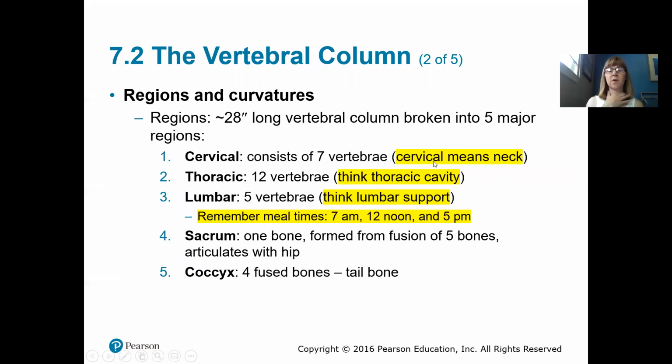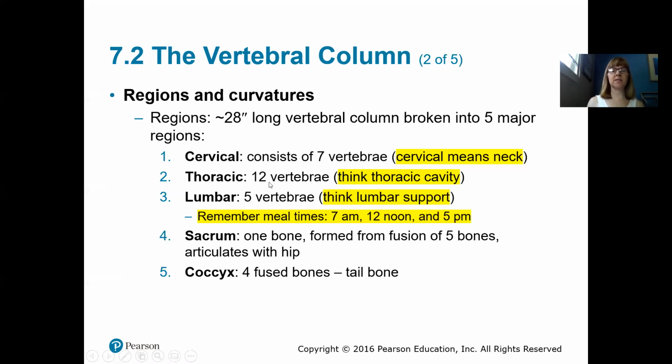This is the first part, and it makes up your neck. There are 7 cervical vertebrae. When we think of the cervix of the uterus, that's the neck of the uterus. So cervical means neck, and there are 7 cervical vertebrae.